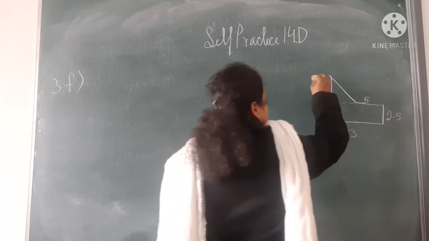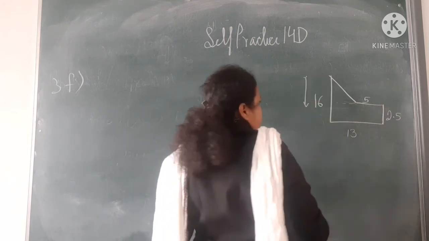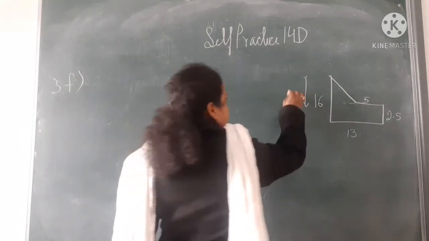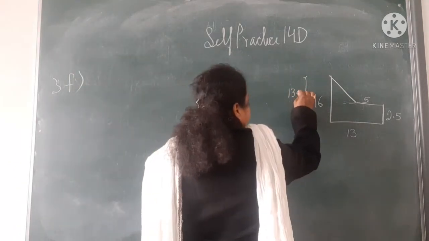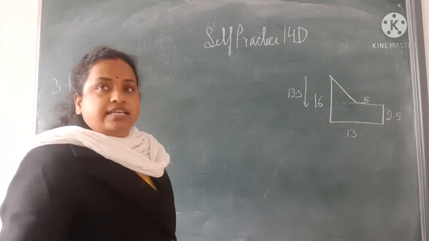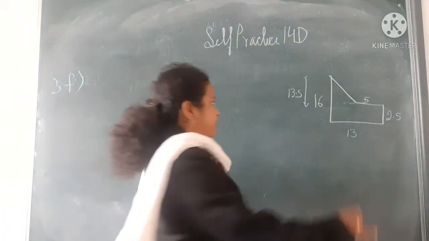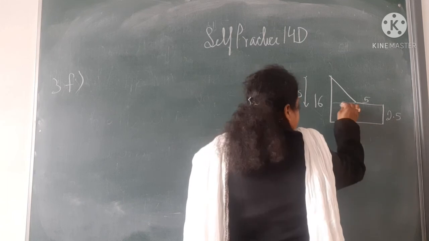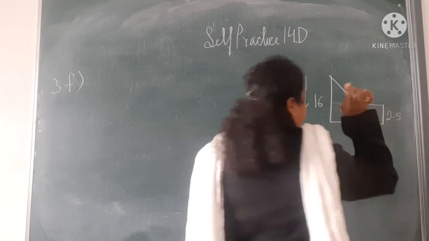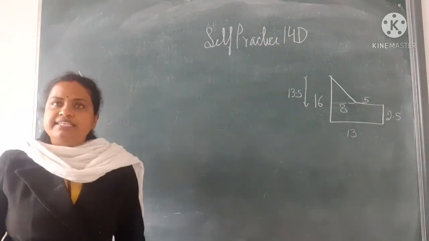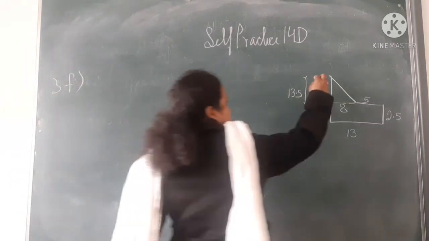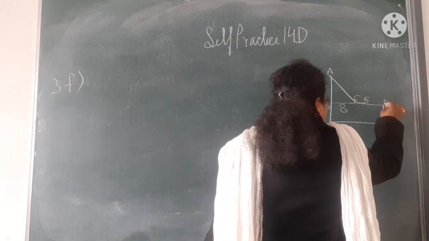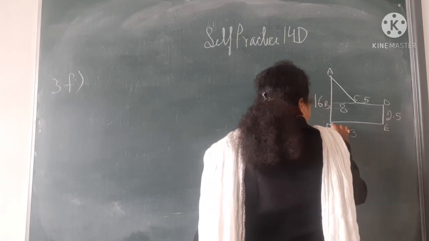So the length from here to here will be how much? 16 minus 2.5 means it will be 13.5. Okay? 16 minus 2.5, that is 13.5. And what will be this length? 8. Because 8 plus 5 is 13. Now name it A, B, C, D, E, F.